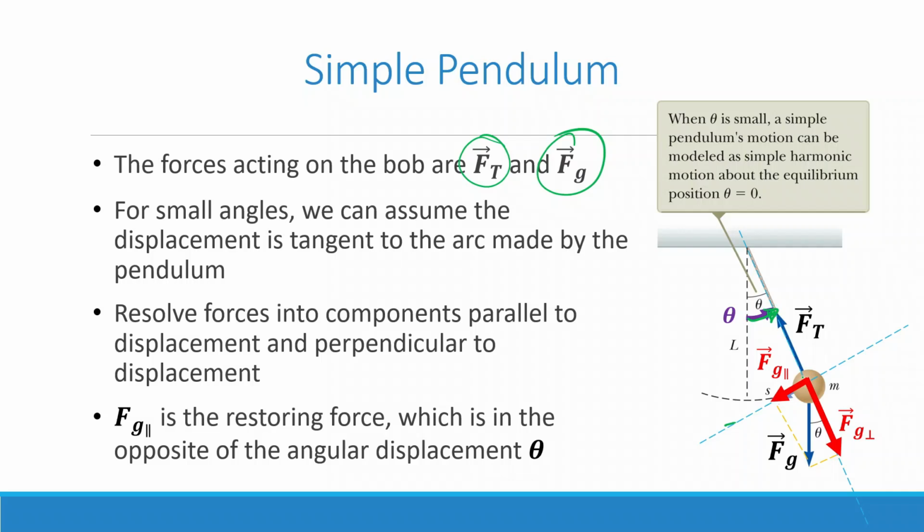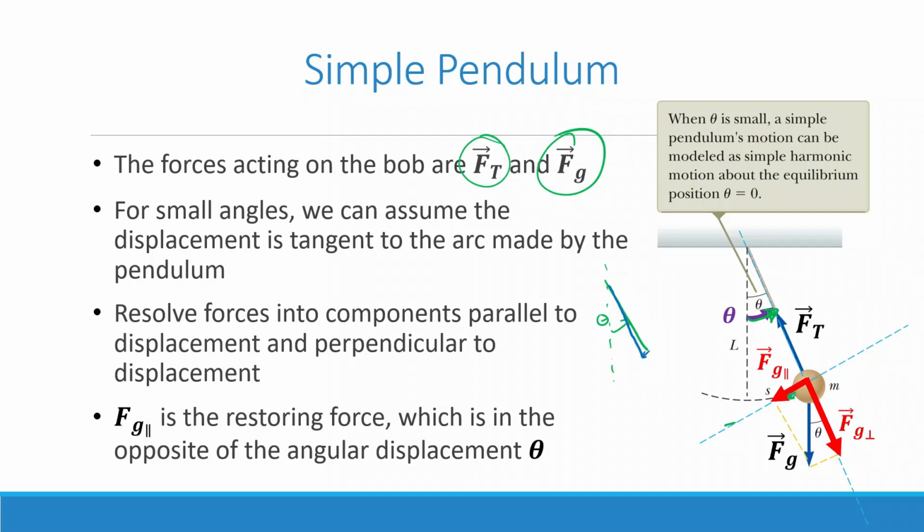We're going to assume that in some small amount of time, our pendulum goes through some very, very small displacement. If I picture that this is my starting displacement right here, that's my theta, what I'm going to be looking at is an instant in time in which I have gone such a small displacement that the arc length of that path is going to be very close to being straight.